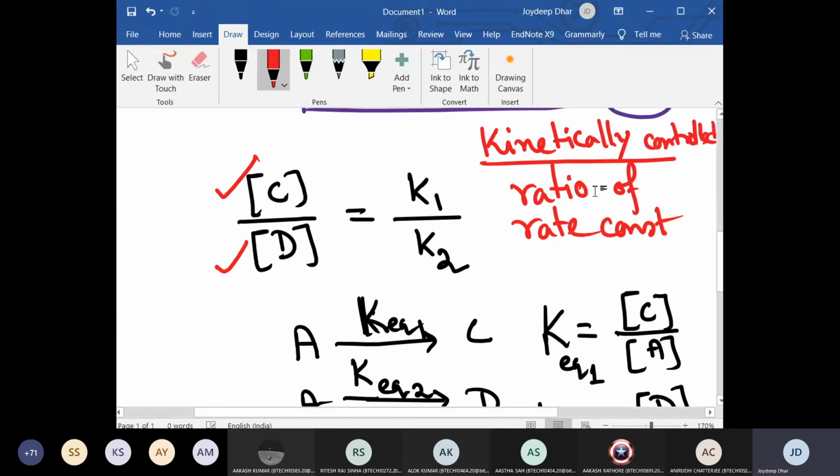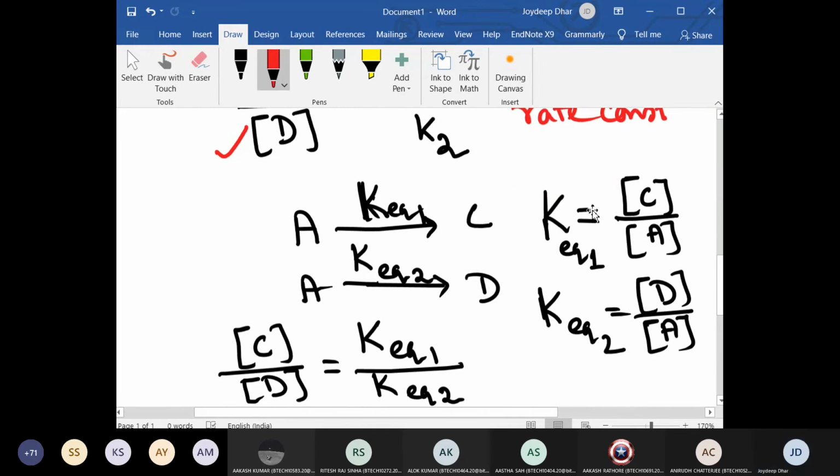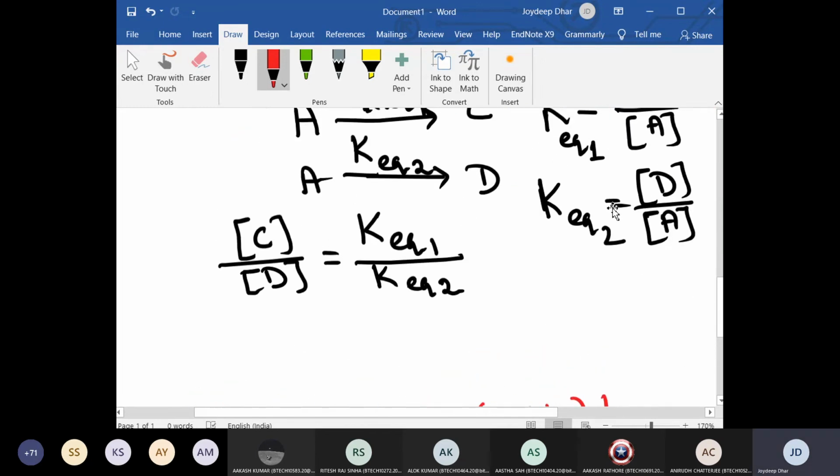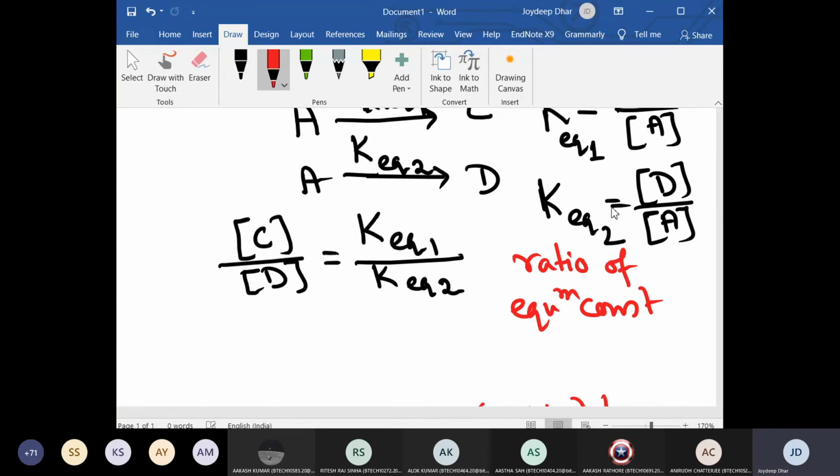And if it is thermodynamically controlled, then the ratio of the products will be the ratio of equilibrium constants. Then I can say that is thermodynamically controlled.